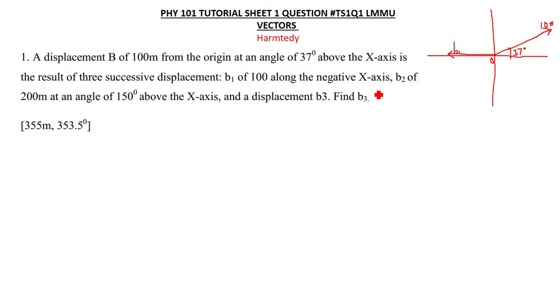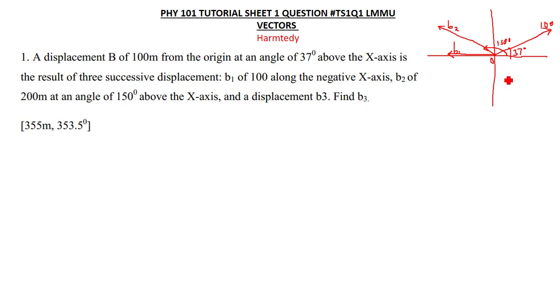Okay, we also have b2 of magnitude 200 meters at an angle of 150 degrees. So 150 will move from this side up to somewhere there. So this is our b2, and we've been told this is 150 degrees above the x-axis.